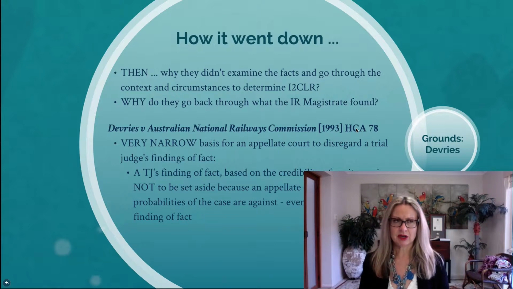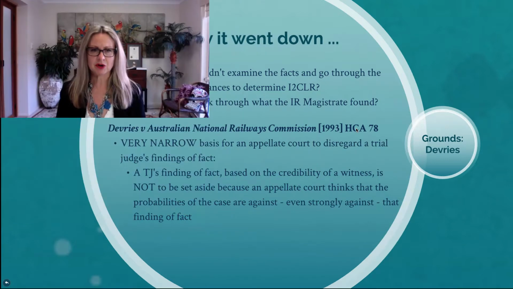If you've done a little bit of crim or evidence, you will know that there are things that appellate courts can and can't do. And one of the things that an appellate court can't do is very easily discard a trial judge's finding of fact. Okay, there are only very narrow bases for disturbing a trial judge's conclusions on matters of fact.